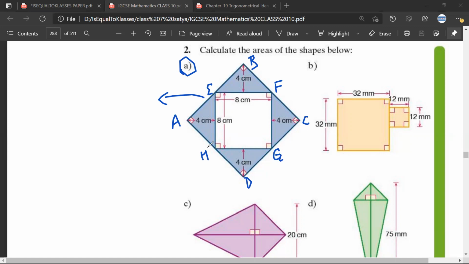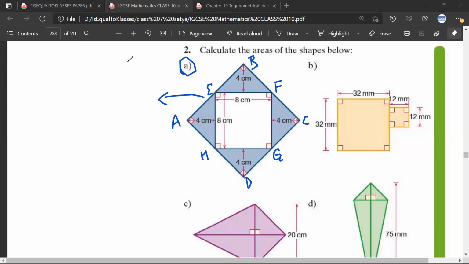So we will get the area of the triangles, and to find the area of the square, we have to do 8 centimeter into 8 centimeter and then add both of them. Sarthak, have you understood? No, sir, I didn't understand.